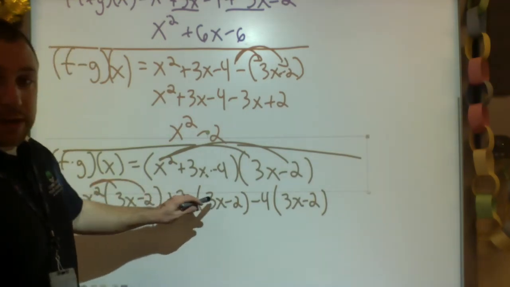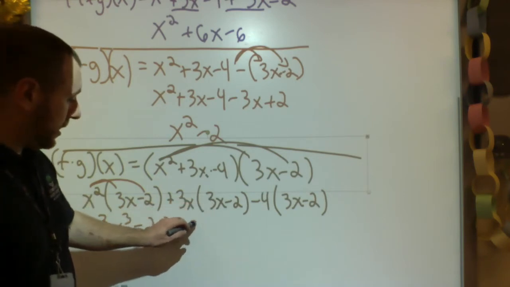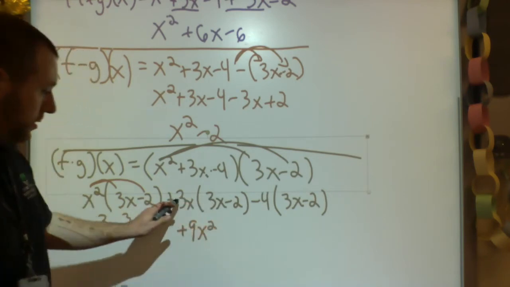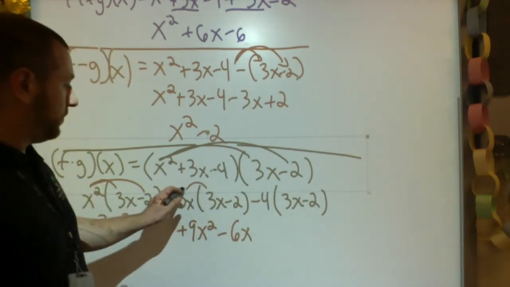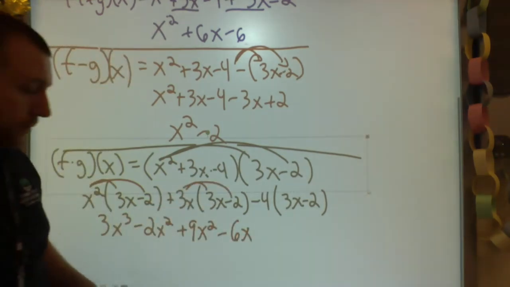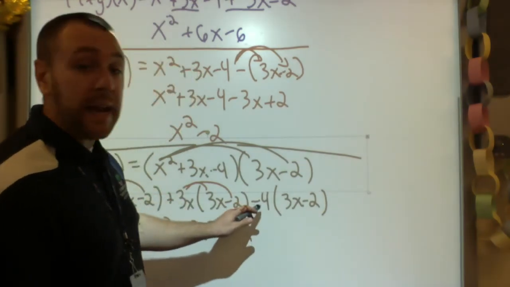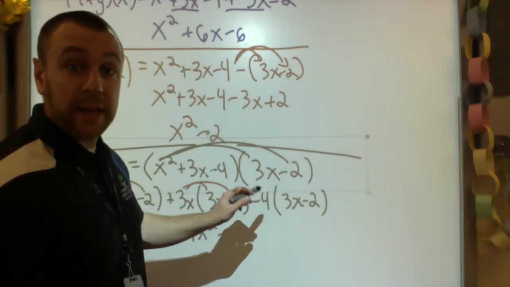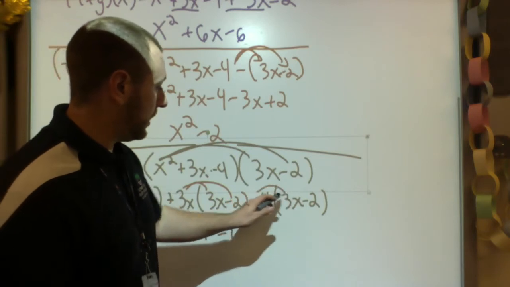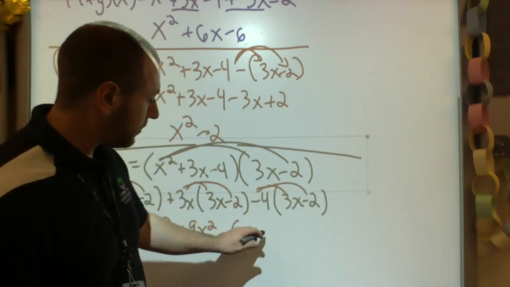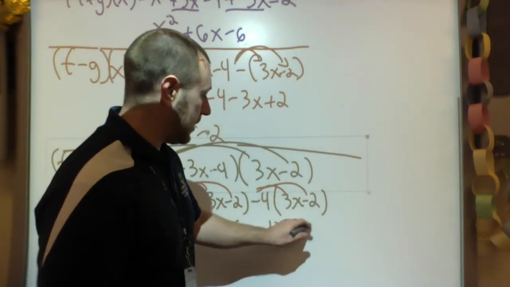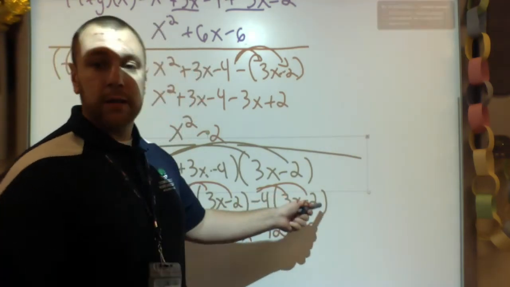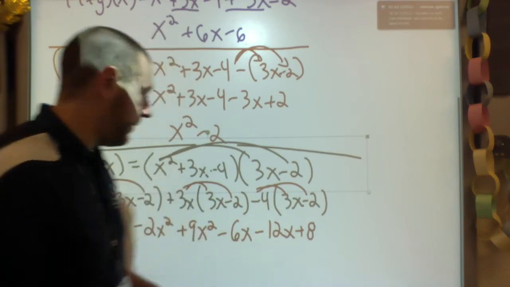Now I do the 3x times the 3x, which is 9x squared, minus 6x. Again, distributing to both. And now I take the negative 4 and distribute that in. Negative 12x plus 8. Negative 4 times negative 2 is a positive 8.